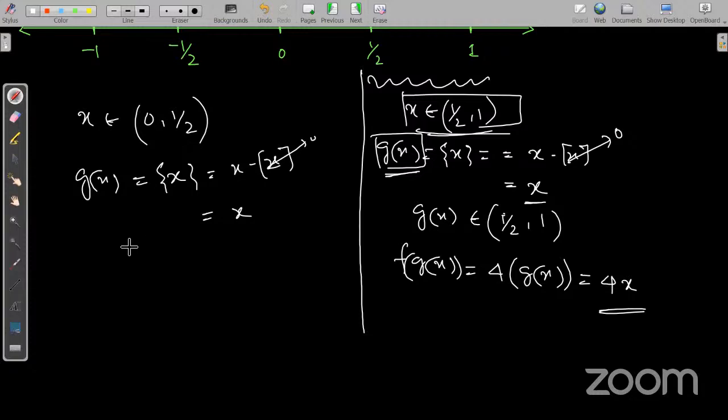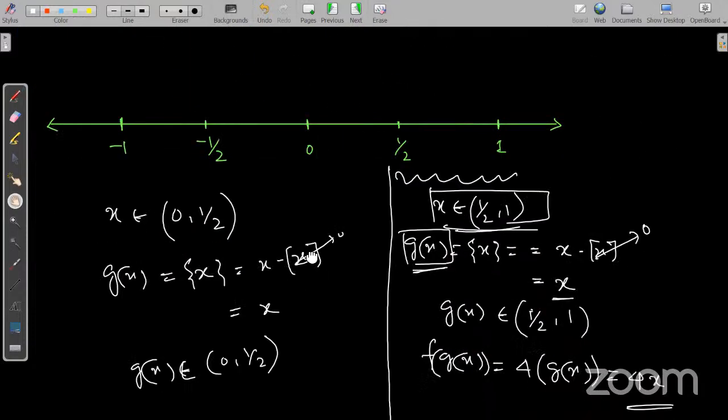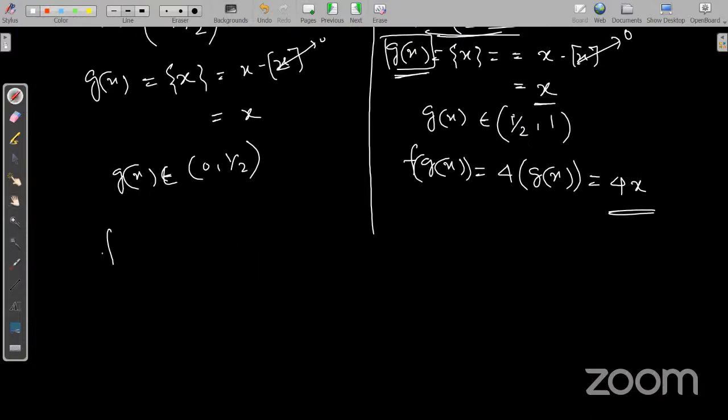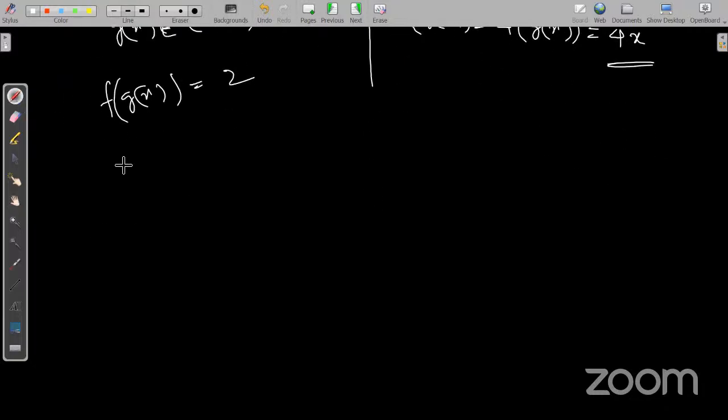So g of x also belongs to 0 to 1/2. Yes or no? When g of x belongs to 0 to 1/2, the function gives you 2. So f of g of x will be 2.